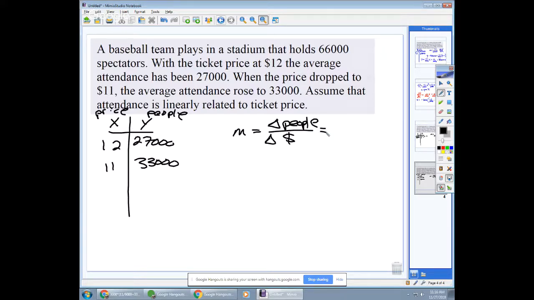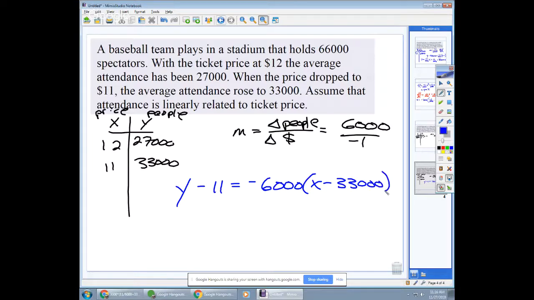That's going to be 6,000 over -1, so we call that negative 6,000. Then to generate an equation, calling that Y, which is people, I could do Y minus 11 is equal to negative 6,000 times X minus 33,000.